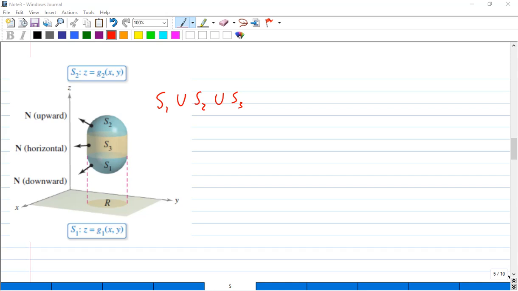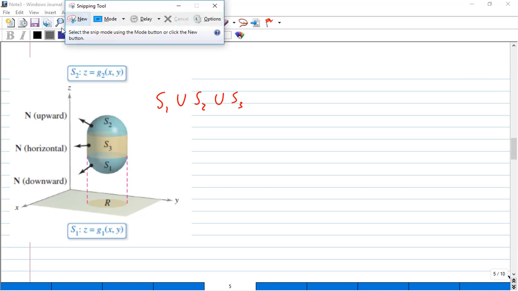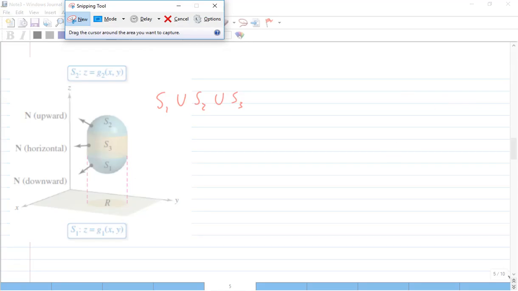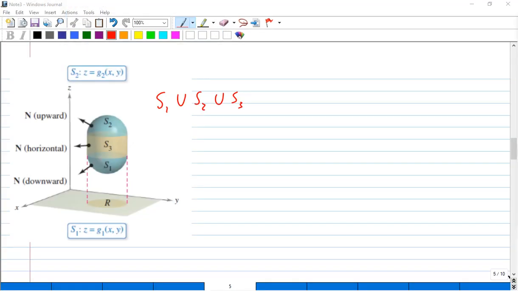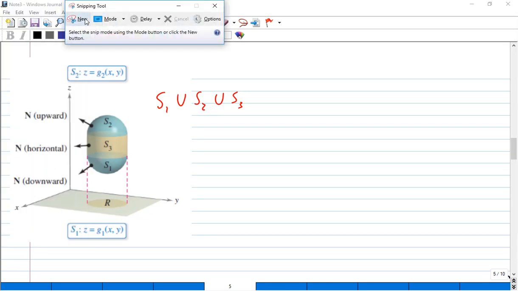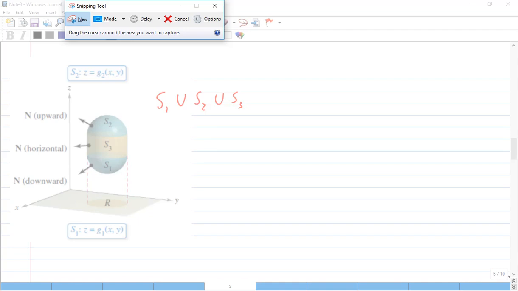All right, so let's work a problem using the divergence theorem. So you don't have to copy all this down. You can just copy down the problem if you want to.